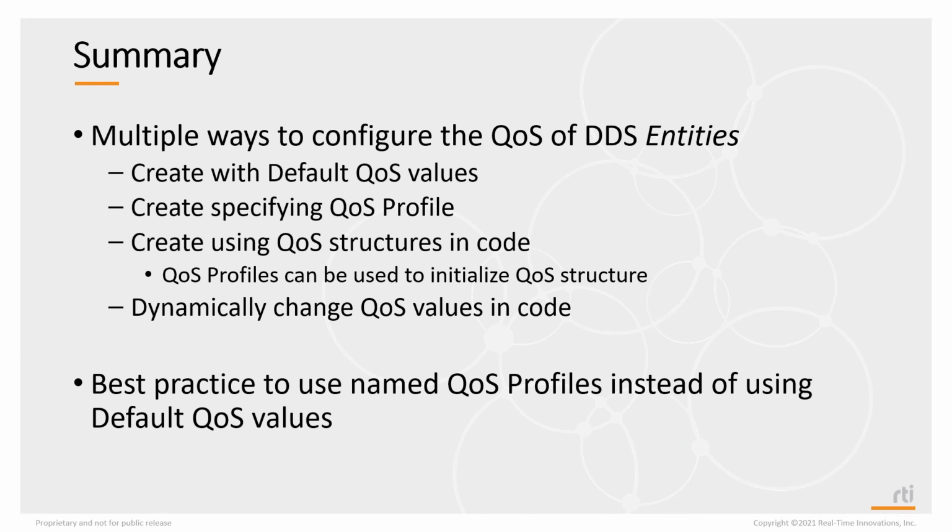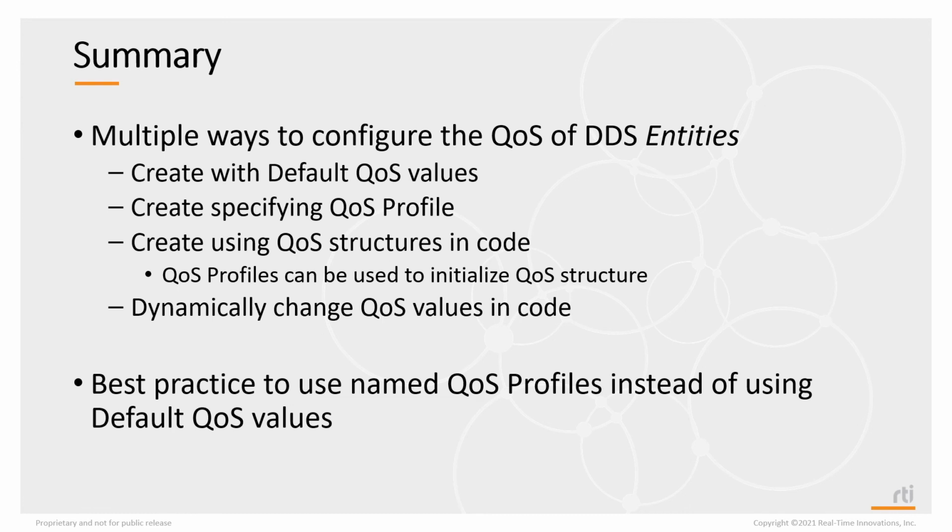In summary, there are multiple ways to configure the QoS policies of DDS entities. You can create them with default QoS values. You can also create them by specifying a defined QoS profile. You can create them using a QoS structure allocated in code and initialized in code.